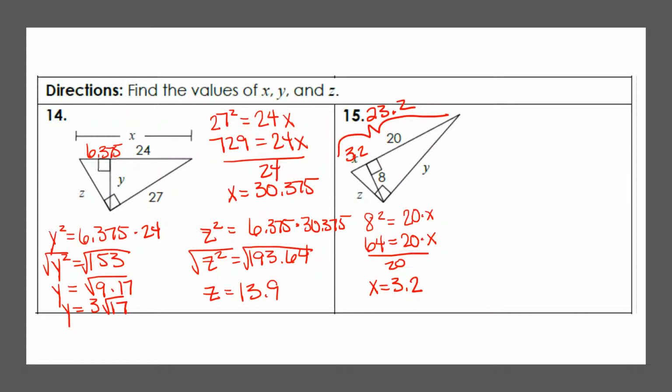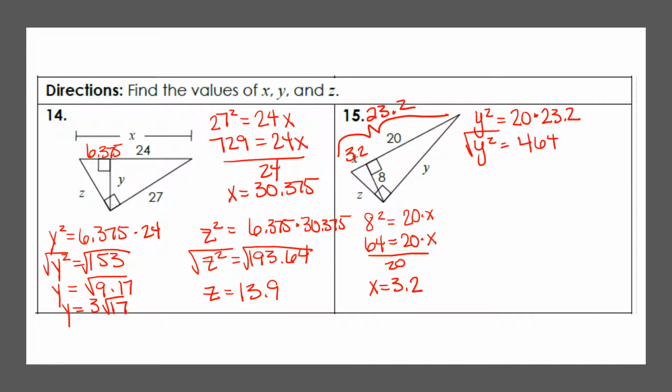To find y, I can use the leg theorem, which is y squared equals the part that touches it, 20, times the whole length, 23.2. So I've actually got y squared equals 20 times 23.2, which is 464.